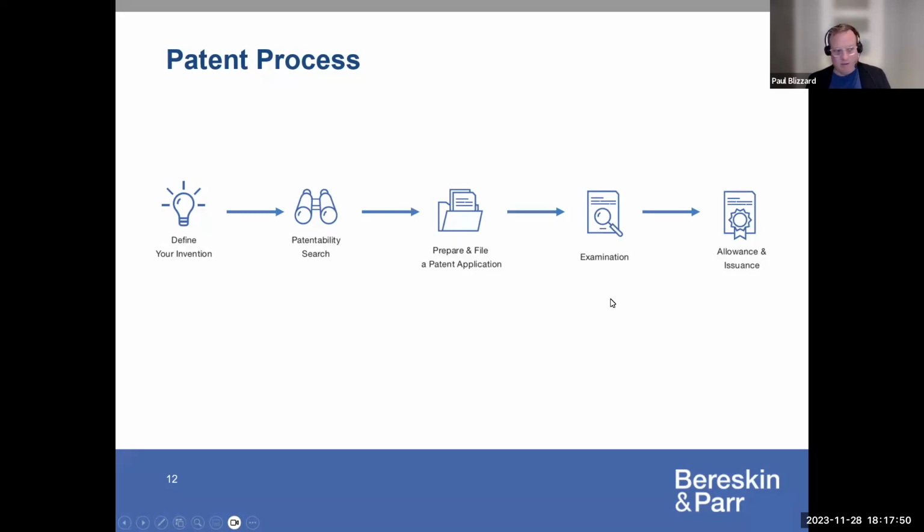Obvious is a tricky legal concept, but basically the question is, would the invention have been obvious if you were to combine the features of other patent applications or other non-patent publications. So when we do the patentability search, we're looking for prior art. It's a way to inform the application that gets drafted here.